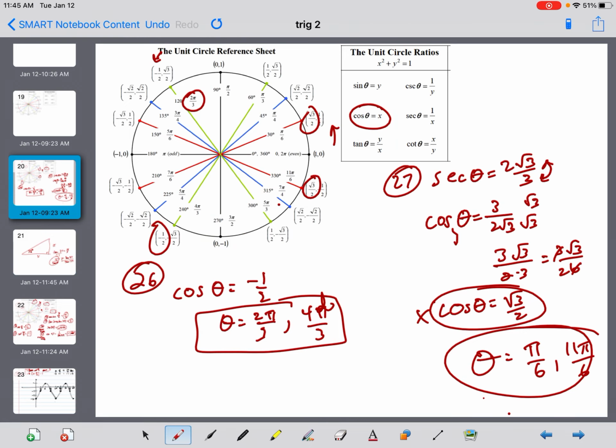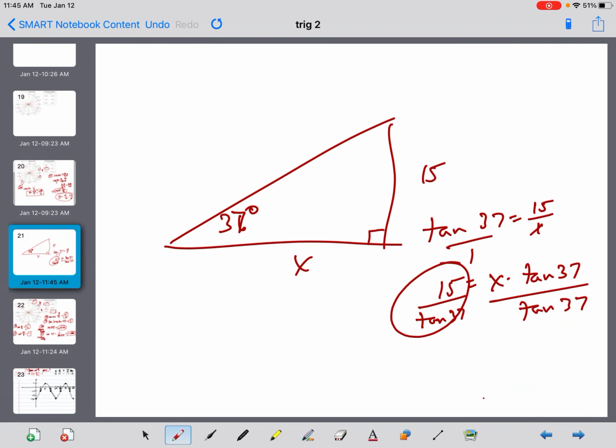Make sure I'm in degree mode. And when I type in 15 divided by tan 37, out will come my answer. Sorry for the delay. 15 divided by tan 37 is 19.91 feet away from the wall.